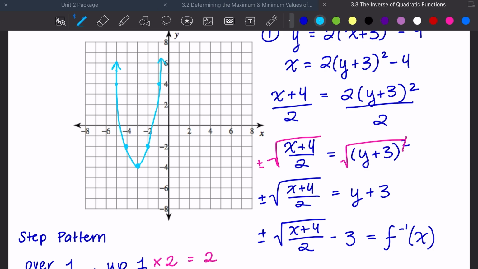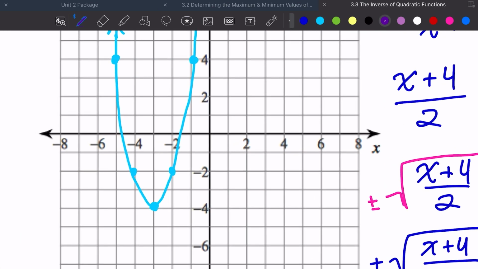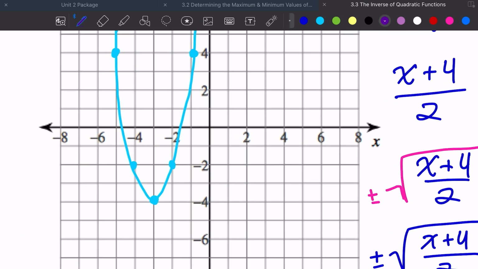Now to graph the inverse, all you have to do is just flip these points. That's it. You can use your equation if you want, but it's kind of yucky, right? So -3, -4 is going to become -4, -3. I've got -2, -2.